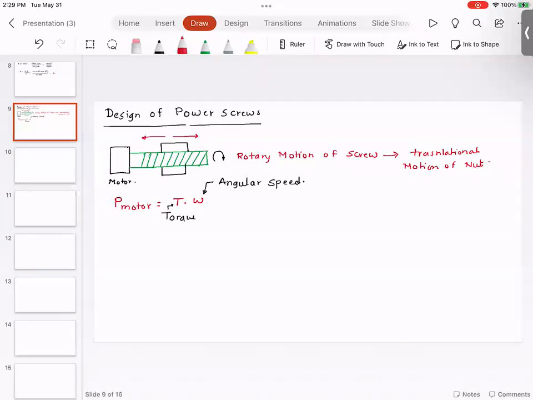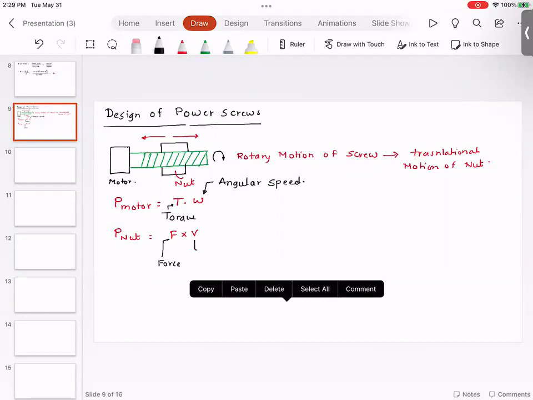If you look at the power of the nut, it is force multiplied by the translational velocity.